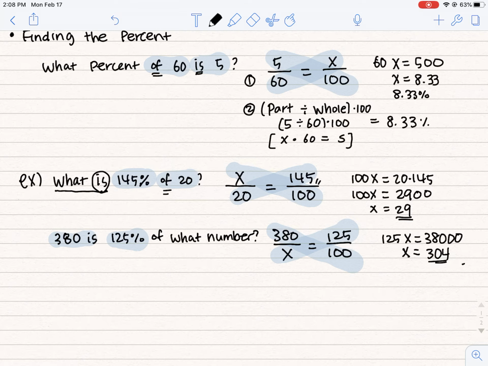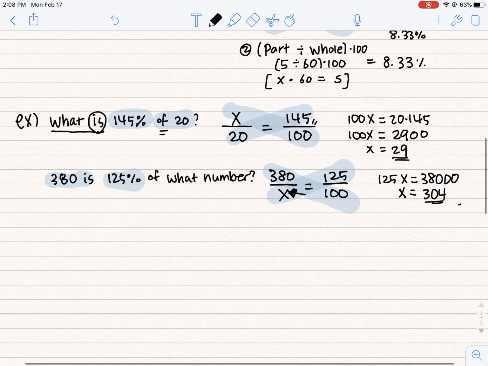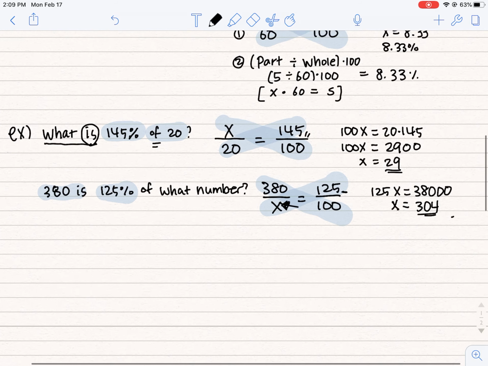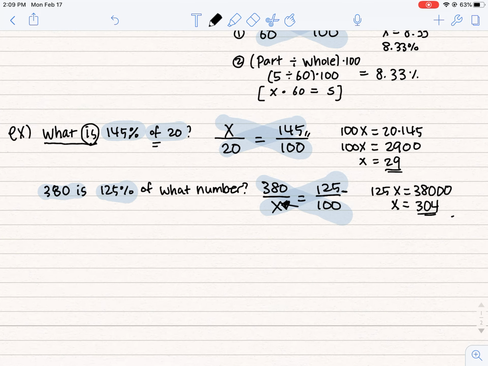If you notice, x is going to be smaller than 380, because 304 is 100% and 380 is 125%. So that's an interesting thing. Don't put the big number on the bottom. Base it on the percent, not on the number. Okay, so that's a couple of questions that you could do on your own.